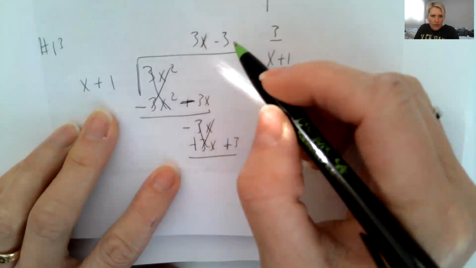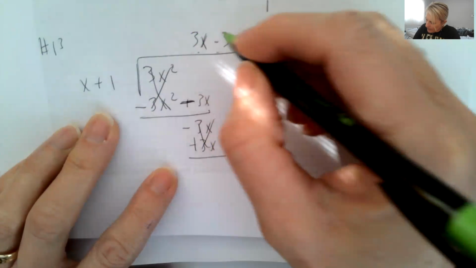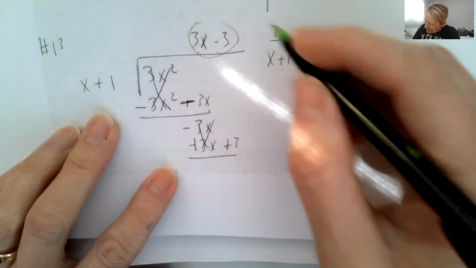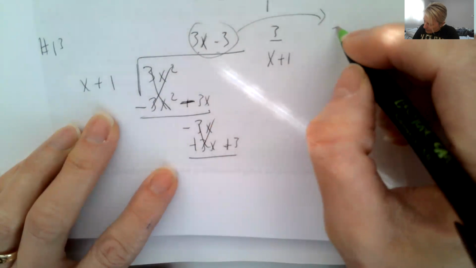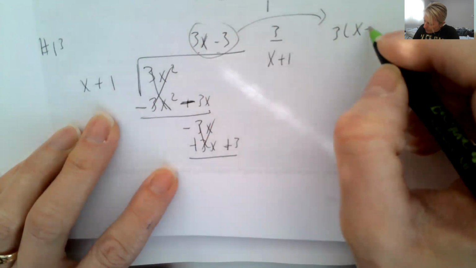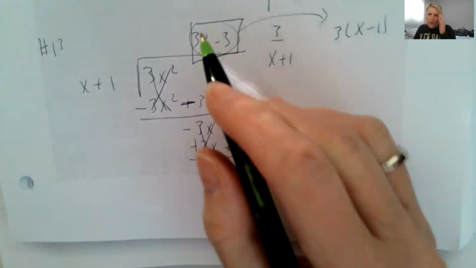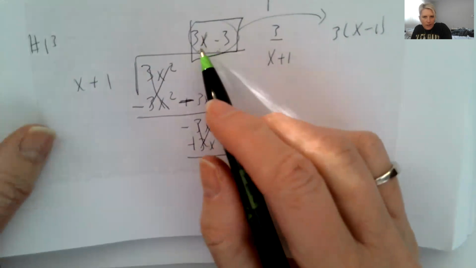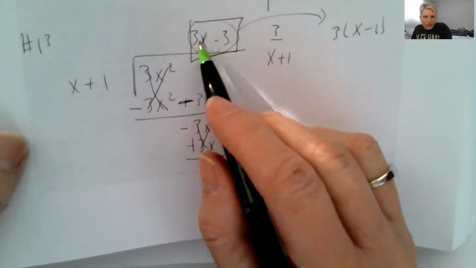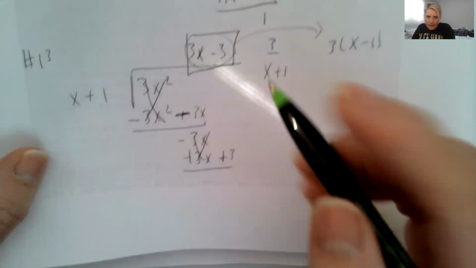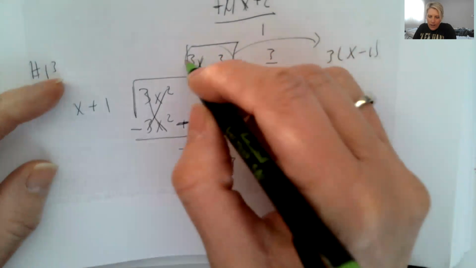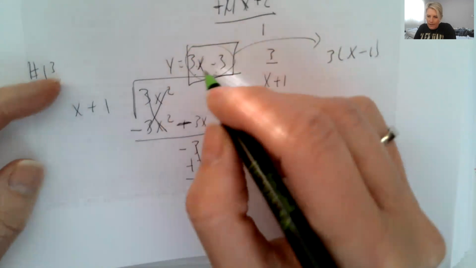And so we have 3x minus 3, which is actually 3 times x minus 1. Well, it's just this line at 3x minus 3. So if we go into number 13 and draw the line at y equals 3x minus 3, we should have a slant asymptote at that line.